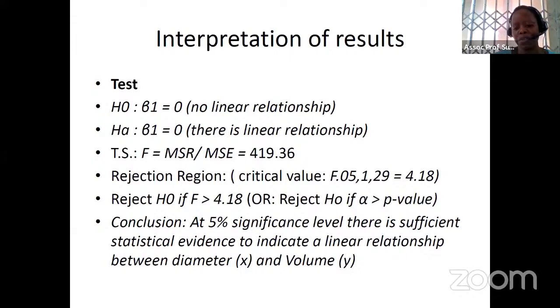So we have degrees of freedom 1, 9 at probability of 0.05, and the value that intersects those two degrees of freedom is 4.18. Now, 4.18 compared to our calculated value is small. Since it is small, we have evidence to reject the null and conclude that there is a significant linear relationship between volume and diameter.